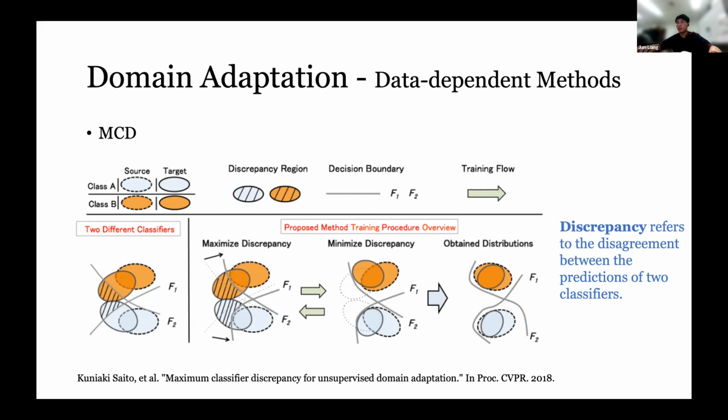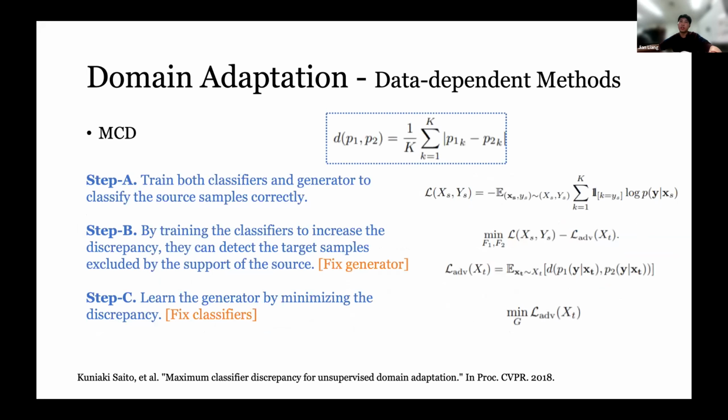Maybe next page, and we can show the details in these pages. First, we can simply train a model over the source domain, right? Like the loss on XS and YS here. In the second step, we fix the feature encoder and try to maximize the classification difference between the target samples, to detect some hard ones.